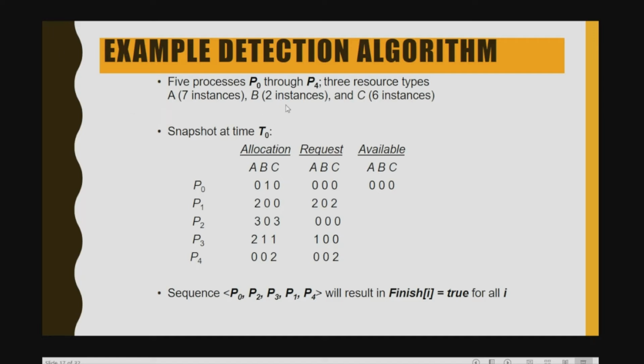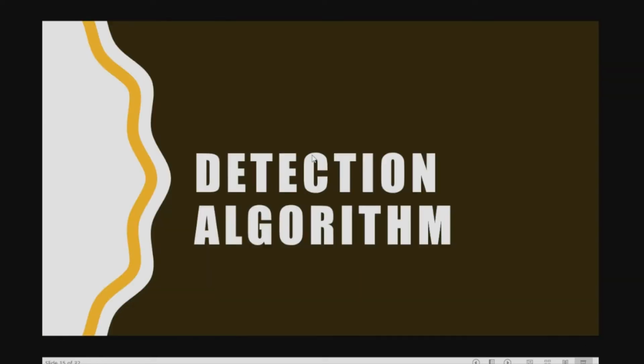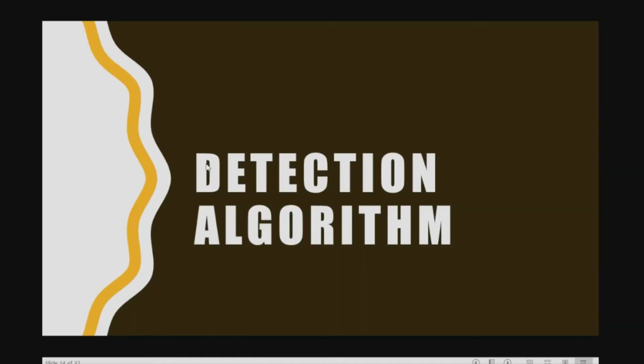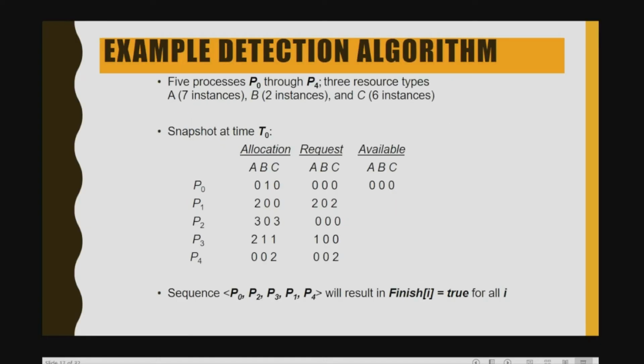At time 0, we have allocation, request, and available. This is based on what we already discussed in this part. So we have allocation, request, and available for resources A, B, and C.